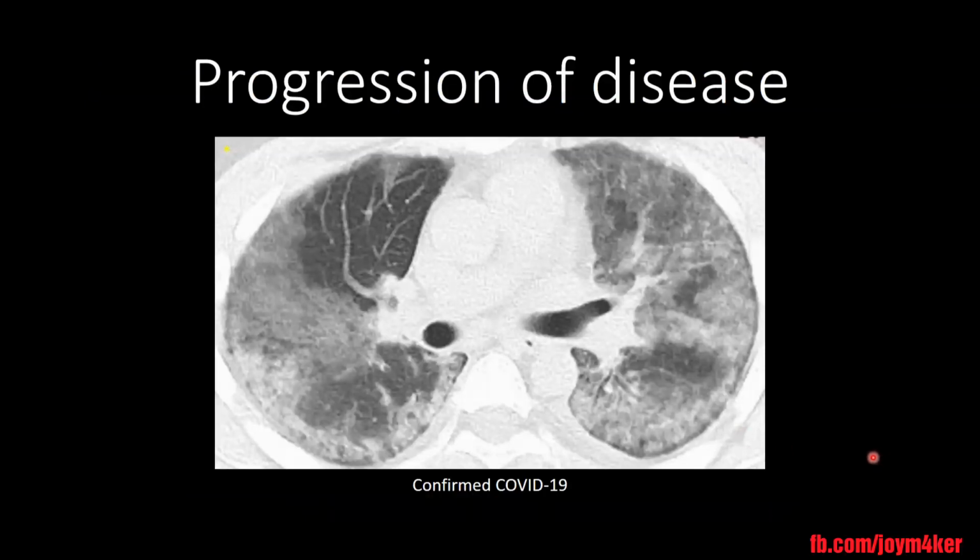In more progressed or severe cases of COVID-19, you may see diffuse ground glass opacification with areas of consolidation. So in this case, the process is still predominantly peripheral. It's ground glass predominant, diffuse lung disease with areas of developing consolidation.